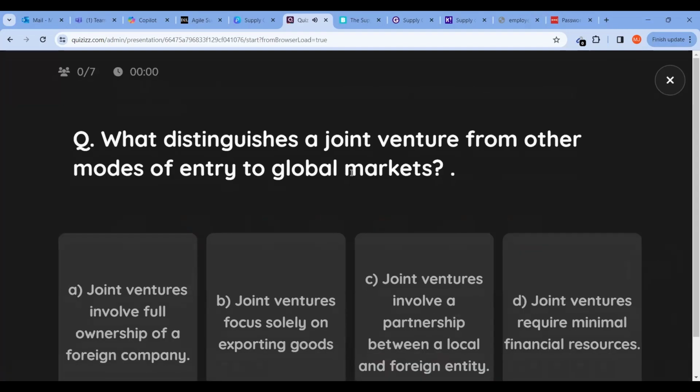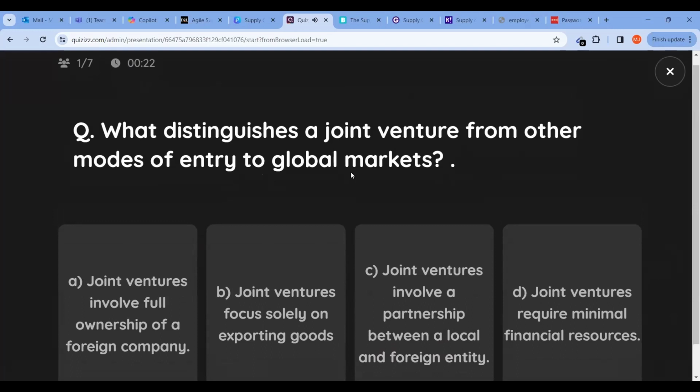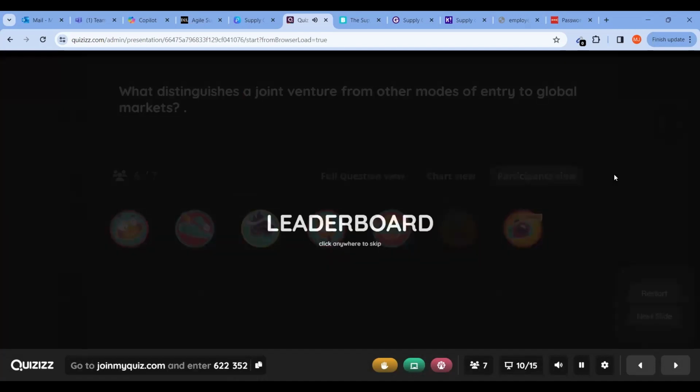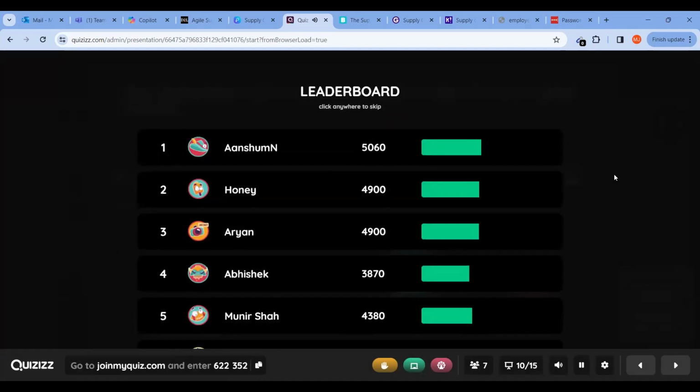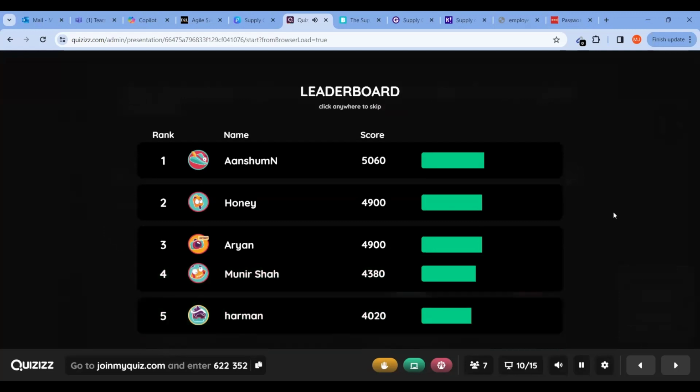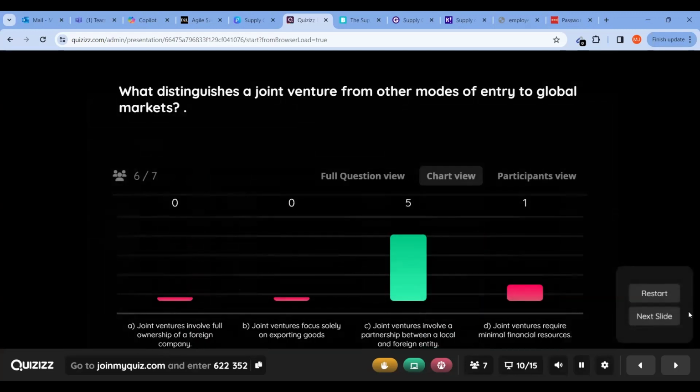What distinguishes a joint venture from other modes of entry to global markets? Joint ventures involve a partnership between a local and foreign entity.